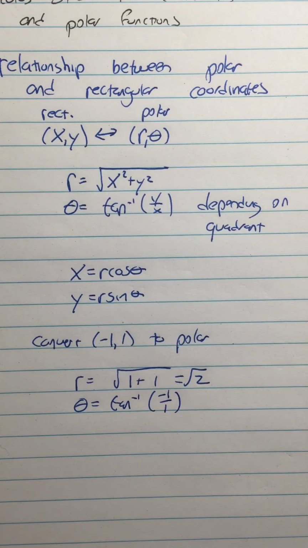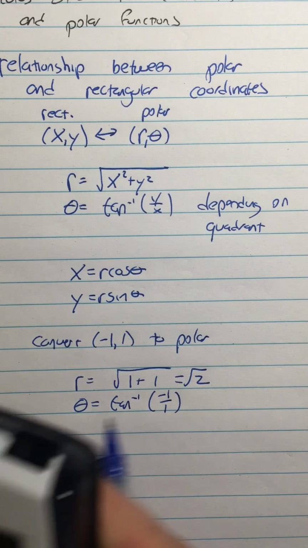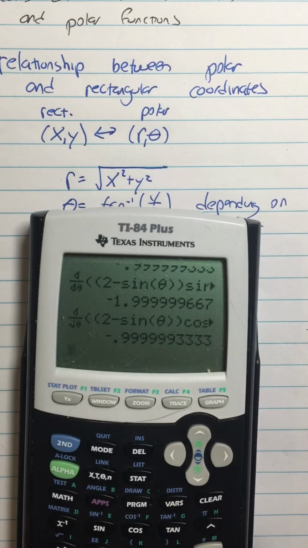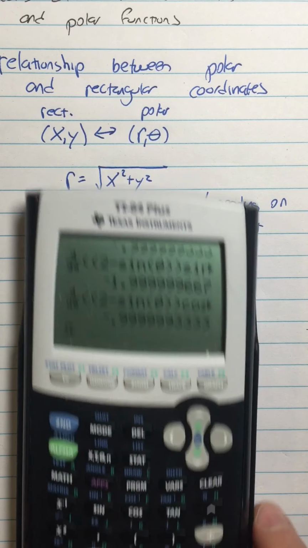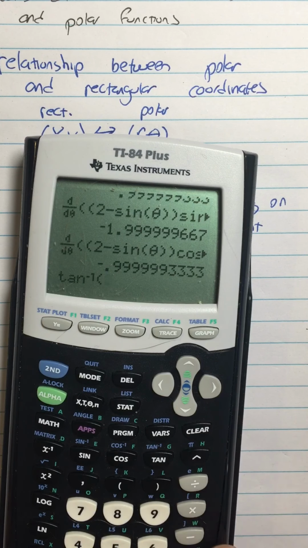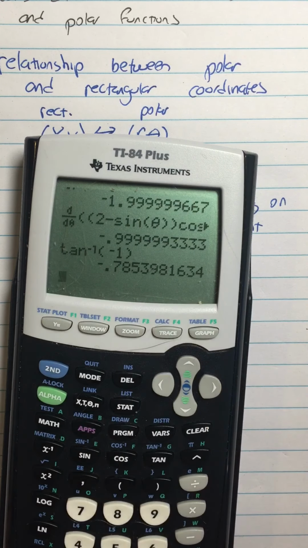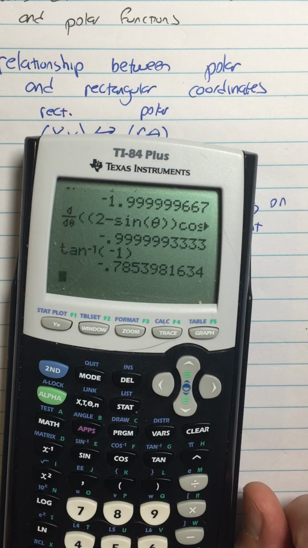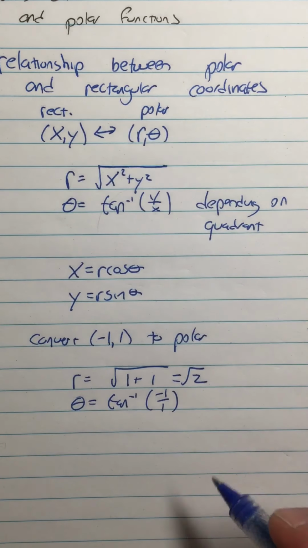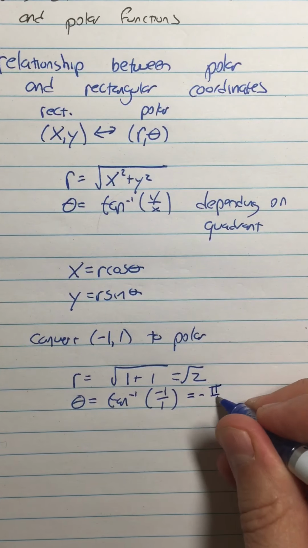So if I just were to do that on my calculator, inverse tangent of negative 1, I get negative pi over 4, okay, negative pi over 4, all right?